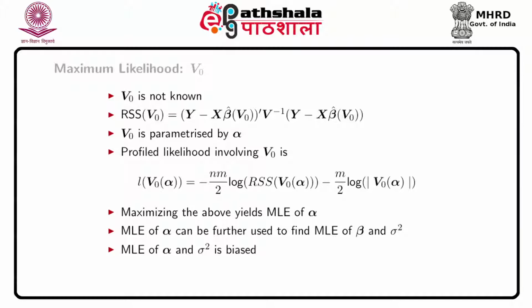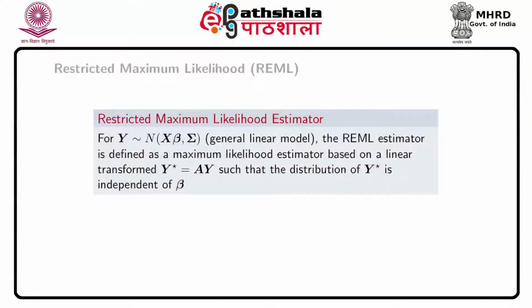But we can adjust for the degrees of freedom. In the univariate case, it was n minus 1. Here it is n minus p, and the unbiased estimator of sigma square comes out to be RSS by n minus p.